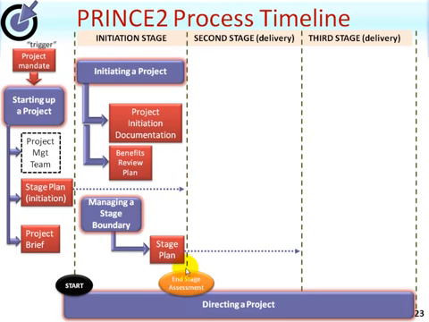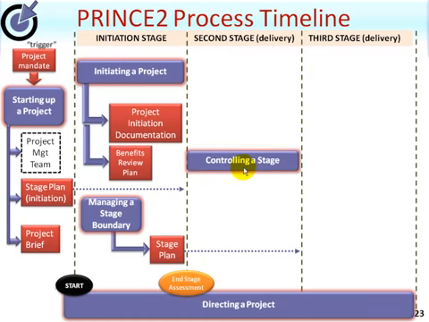Again, let's assume at this end stage assessment, the first in any PRINCE2 project, that the answer is to proceed. Then we're now into the second stage, which will be a delivery stage. In very simple projects, this may be also the last stage, but in my example, I've assumed a third stage.